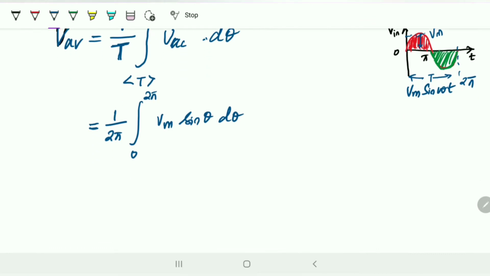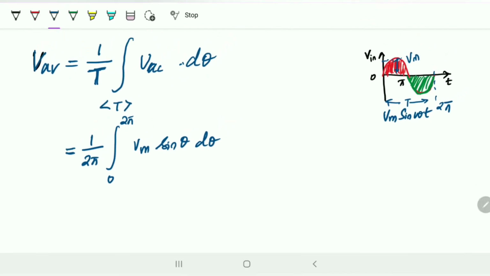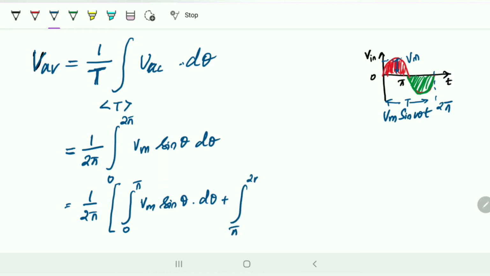So if I expand, I am going to split it into the first half cycle and the second half cycle. So 1 by 2 pi is common. The first half cycle is from 0 to pi, with Vm sin theta d theta, plus the second half cycle from pi to 2 pi, with input value Vm sin theta d theta.